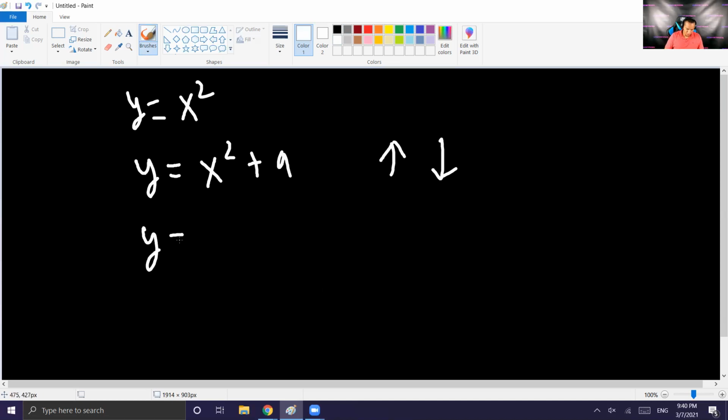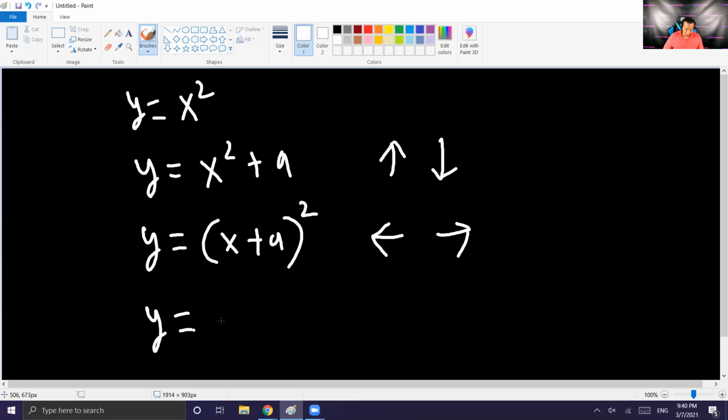If you have y equals (x plus a) squared, which is on the inside of the parentheses, it's going to go left or right. It's going to go left if it's positive, and it's going to go right if it's negative, like we just discussed. And if you have y equals negative x squared, then it's going to flip.